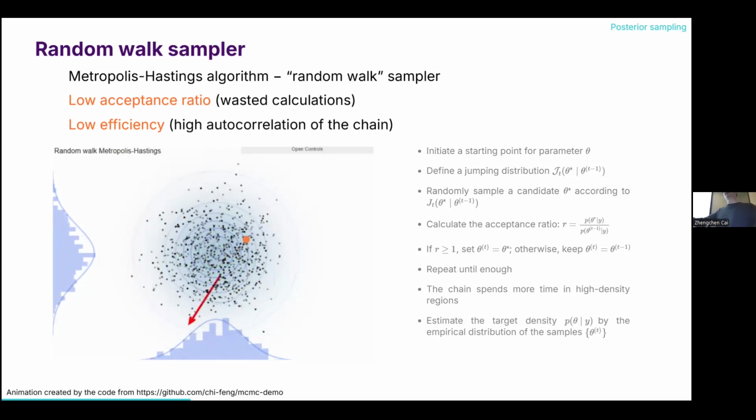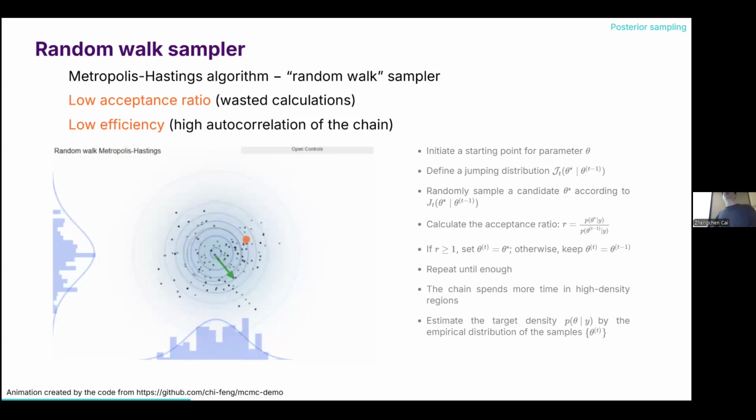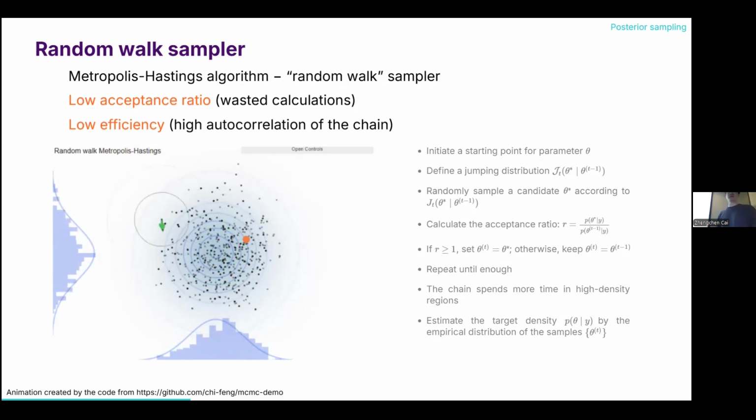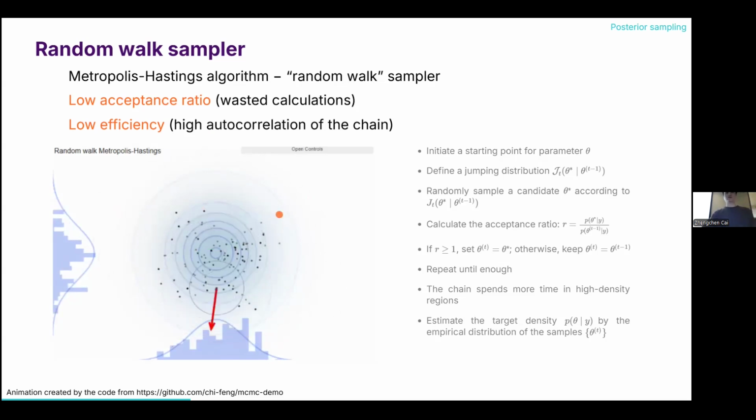So the chain itself, by definition, has some autocorrelation. If you check all the samples you get, because of this autocorrelation, the effective number of independent samples will be low, okay? And you will also have low efficiency for those regions that have low probability mass, because the chain will have a low chance to go there, right?